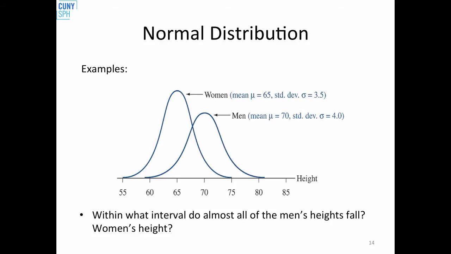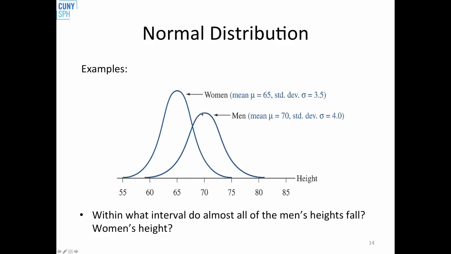A real-life example could be the heights of men and women, where men have a mean height of 70 with a standard deviation of 4 inches, and women a mean height of 65 inches and a standard deviation of 3.5 inches. So you see a bit of a shift and a slightly but pretty similar variance.